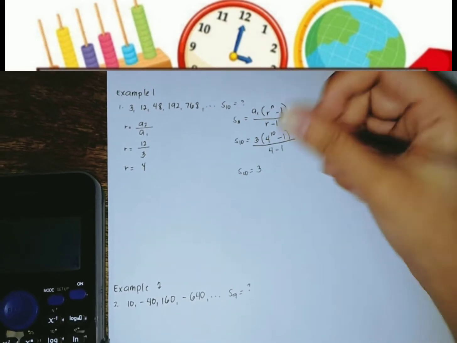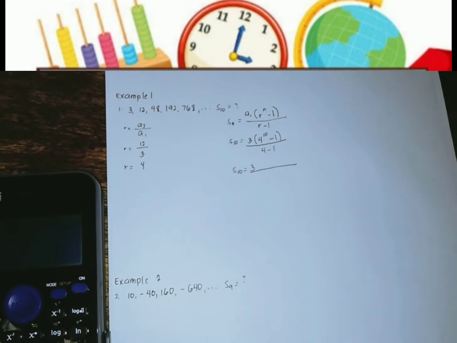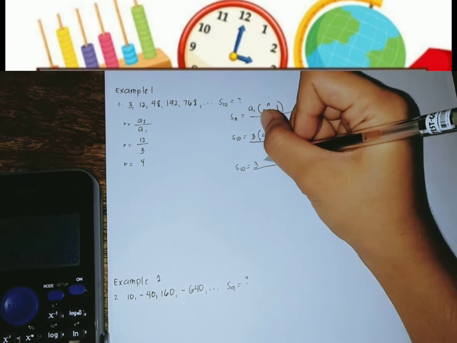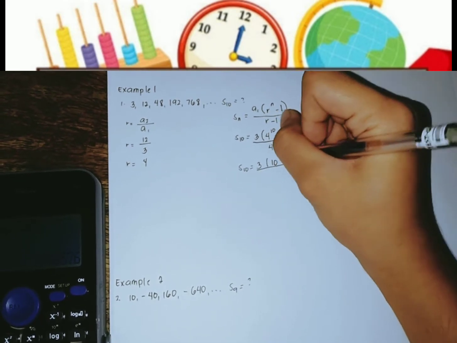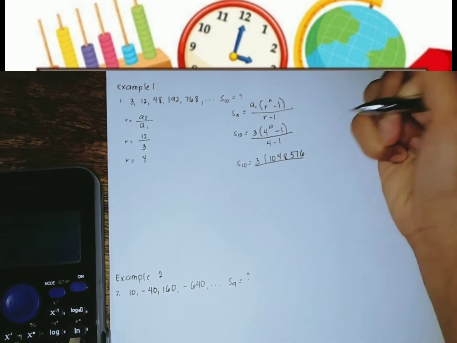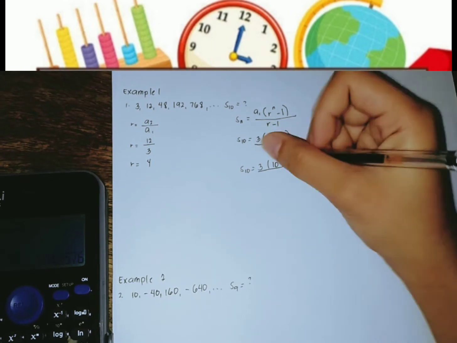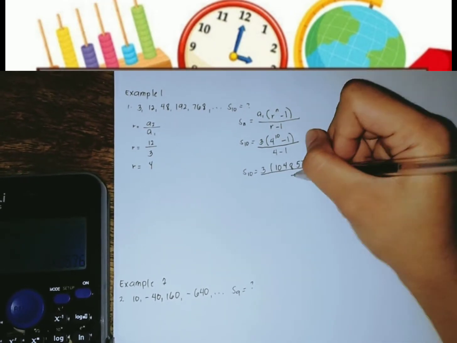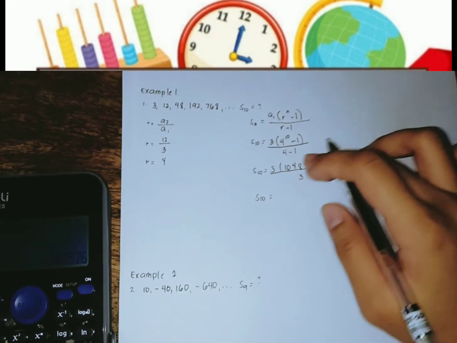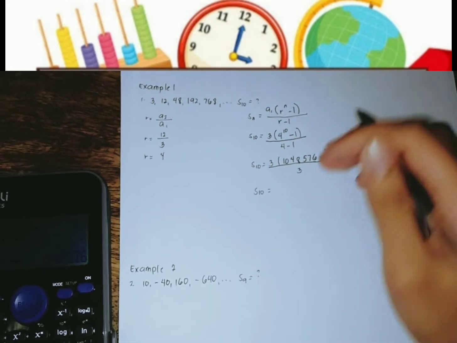Now we will solve it. So 4 raised to 10 minus 1, then 4 minus 1 is 3. We will subtract first before we multiply and divide.